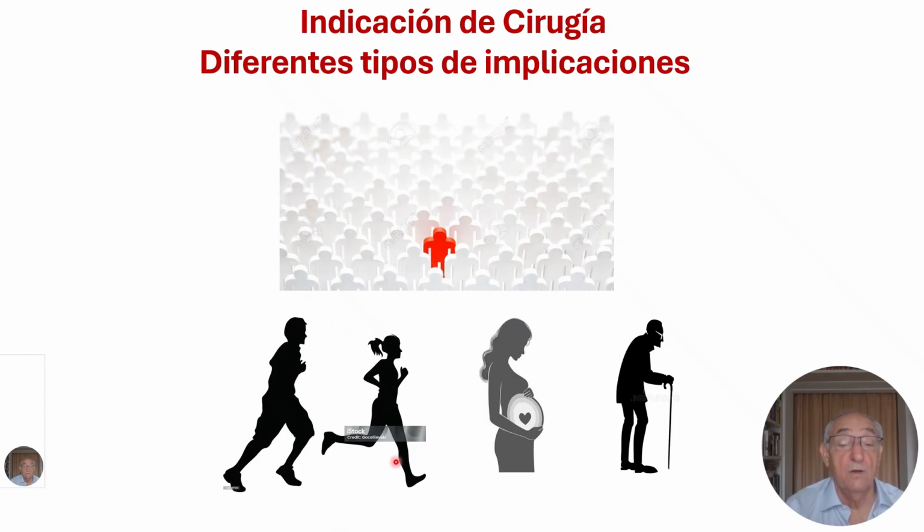And it is very different what benefit we will bring to a young patient of this age, also whether they are sedentary, or like to do sports or physical activity, or a young woman who wishes to become pregnant, and the associated risk, than a patient who is already 80 years old, and that probably with the same diameter, the approach should be different. And this is frequently overlooked. We only take into account the aorta and its diameters, and we do not take into account that the patient is the one who should have surgery, right?